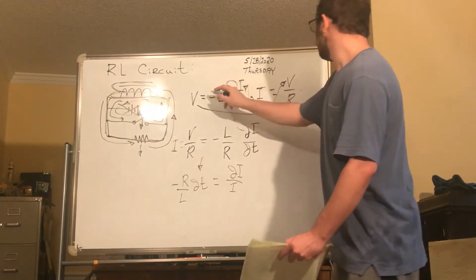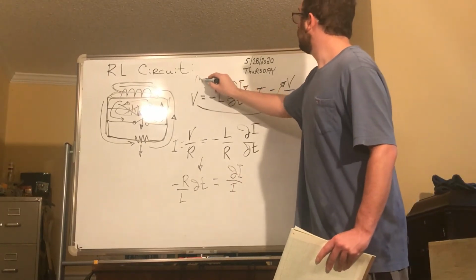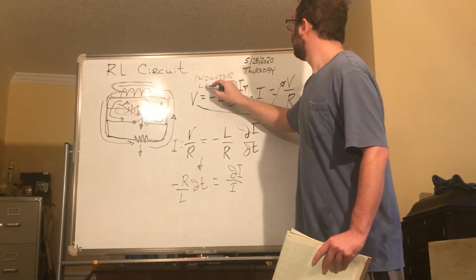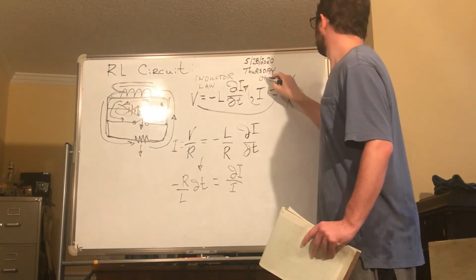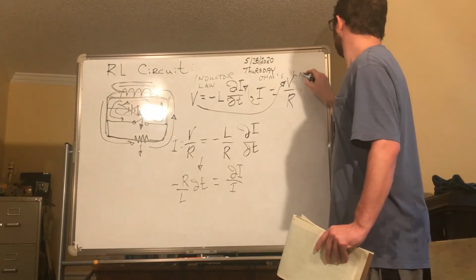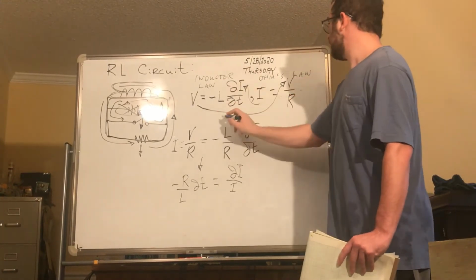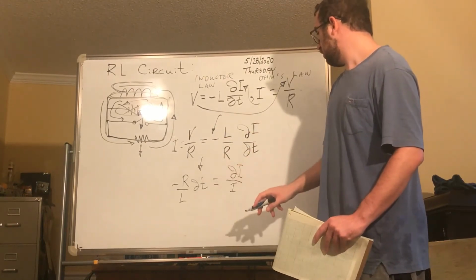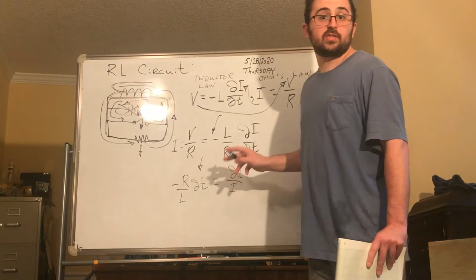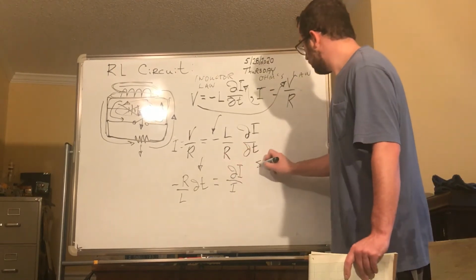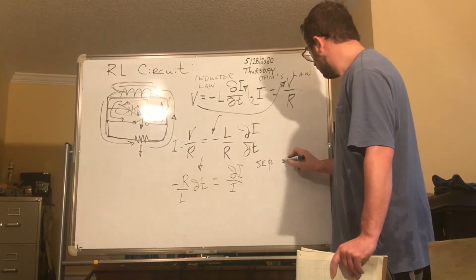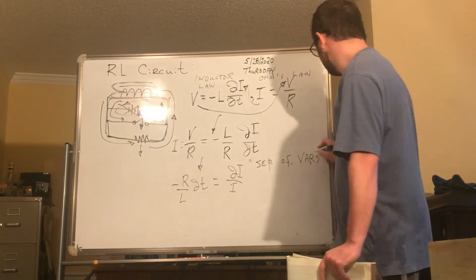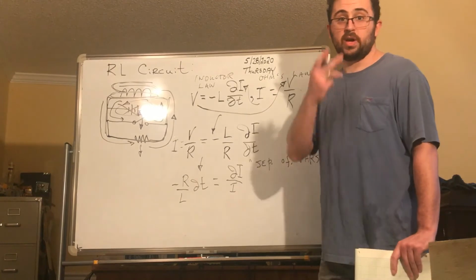So we take the fundamental inductor law and Ohm's law, we synthesize this function and we get this function, in which we have separated the variables. We've used separation of variables, a fundamental technique for easy differential equations.